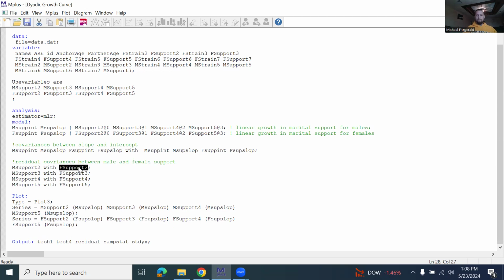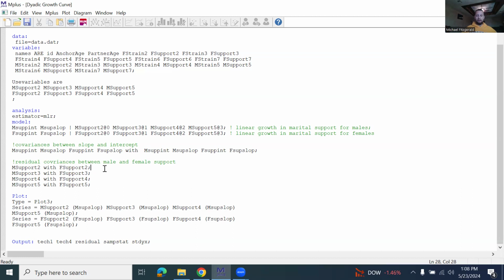All right, so it might be that other than just the overall change process, there might be something that just happened at wave 2 that would increase or perhaps decrease the residual covariances between the male and female partners. For example, let's say the couple just had a child diagnosed with a terminal illness.